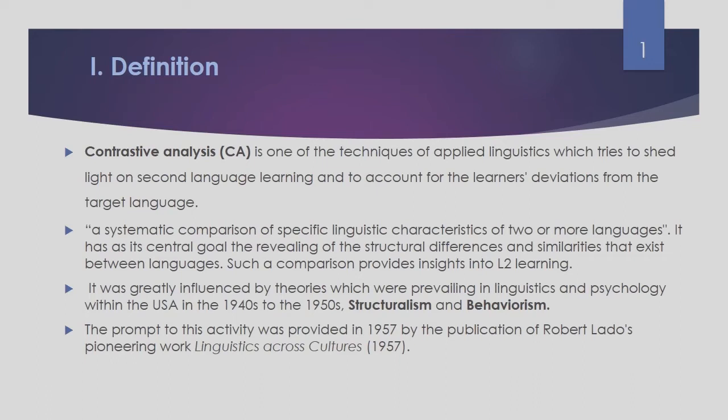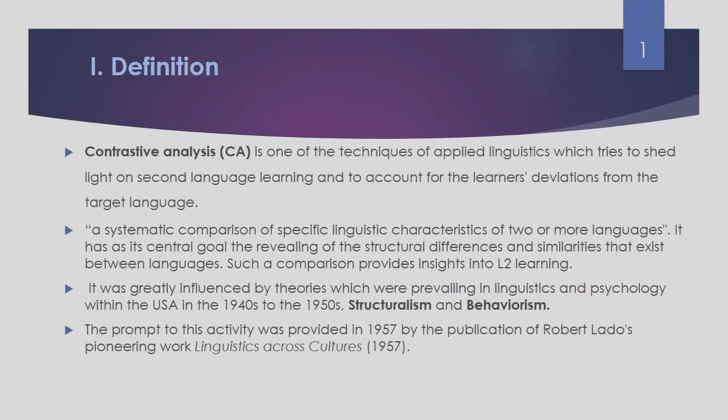Let's talk about the theoretical foundation of contrastive analysis. CA was greatly influenced by the theories which were prevailing in linguistics and psychology within the USA in the 40s to the 50s, the structuralism and behaviorism. When did contrastive analysis start exactly?